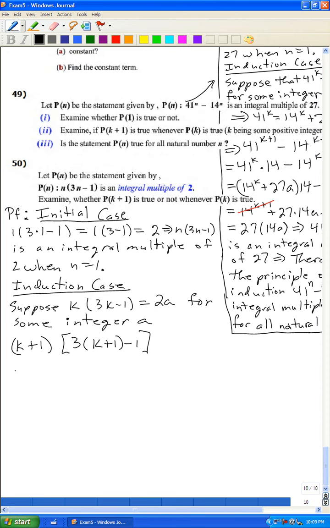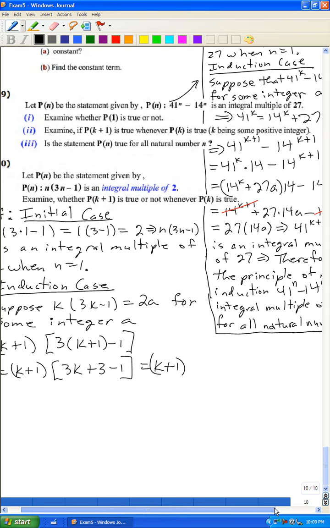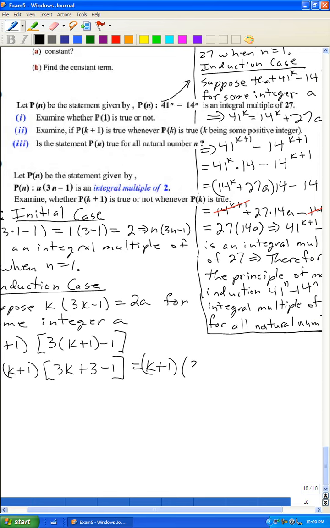So let's look. So this is equal to k plus 1 times 3k plus 3 minus 1, which is equal to k plus 1 times 3k plus 2.